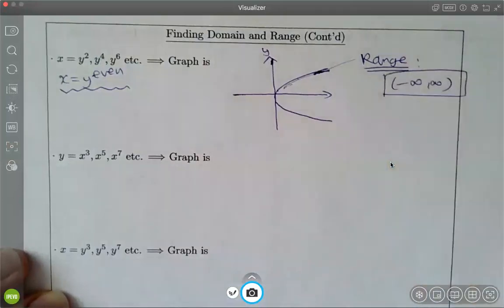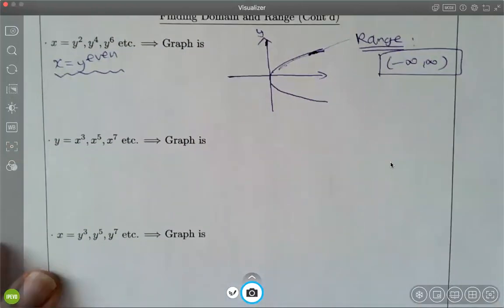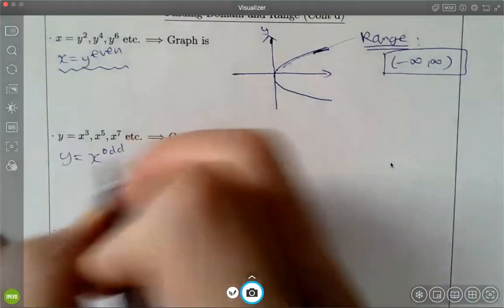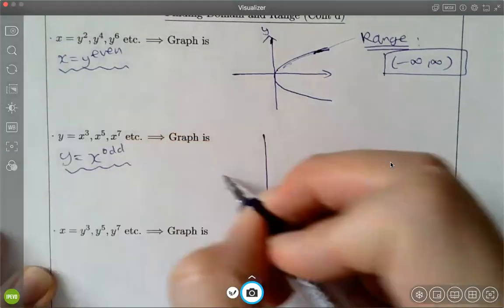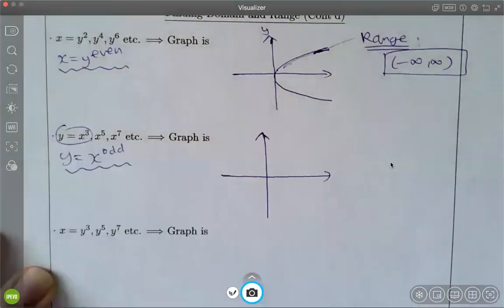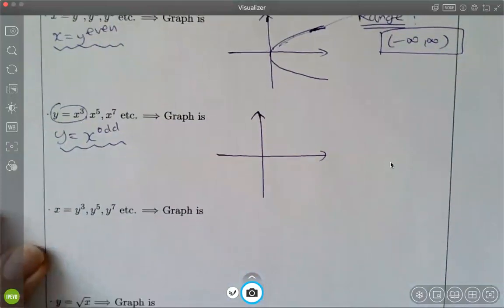Okay. And now go to the odd powers. So y equals x to the odd power. So now this time, how does the graph look like? In particular, I think we have seen the graph of y equals x cubed. Do you remember its graph?